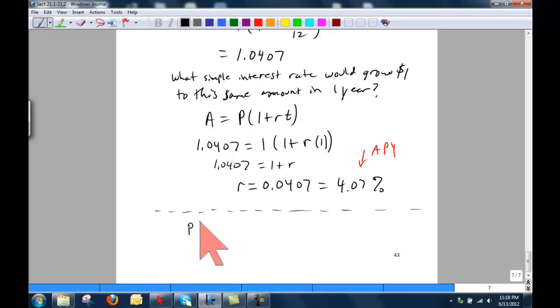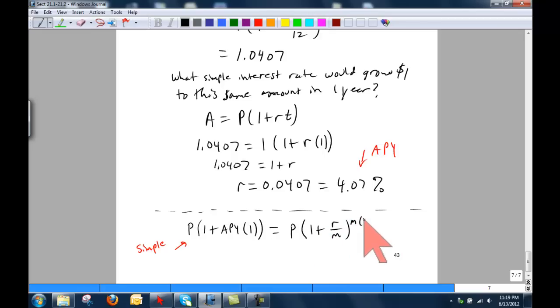If I put the simple interest, say, on the left, the R that I was trying to solve for is actually the annual percentage yield. So this is what simple interest will do for you, and I want that to grow to the same thing as it would under compound interest. Here's our compound interest formula over 1 year.